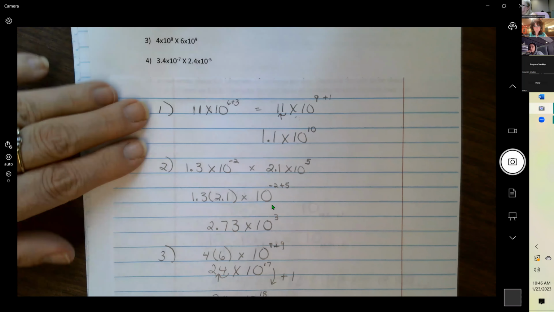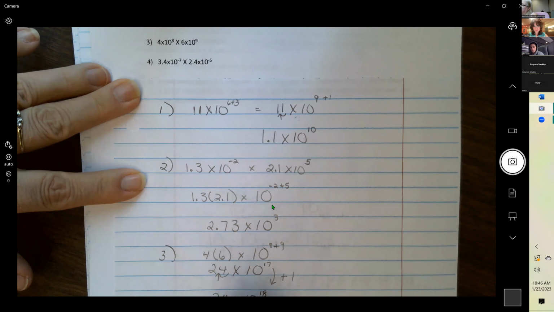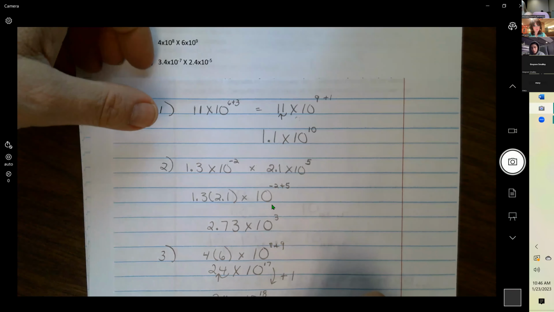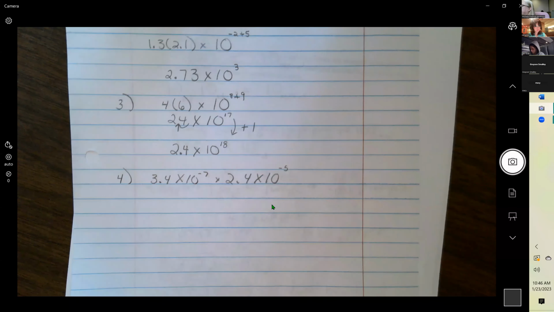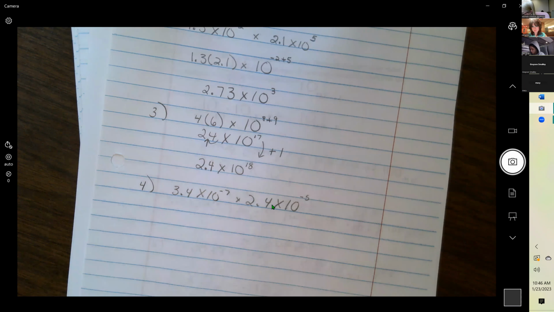Let's try number 4. Again, multiply your numbers. 3.4 times 2.4.